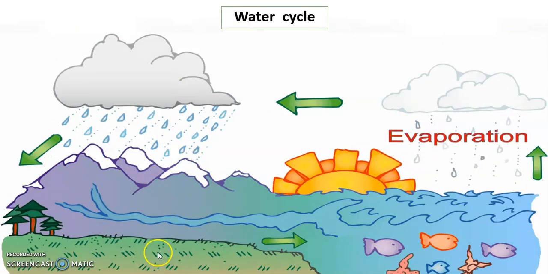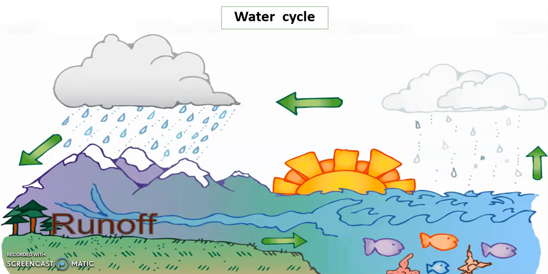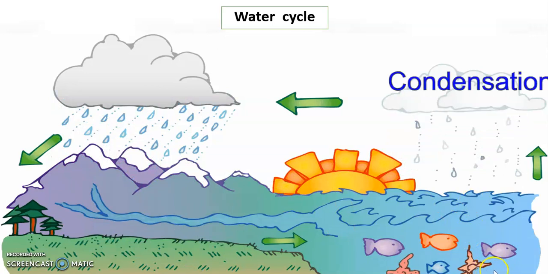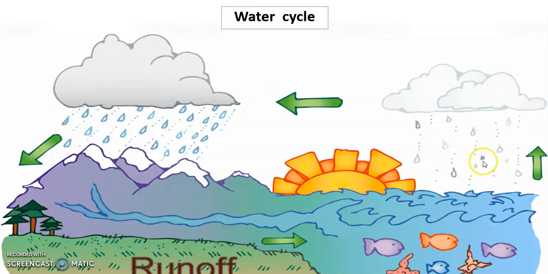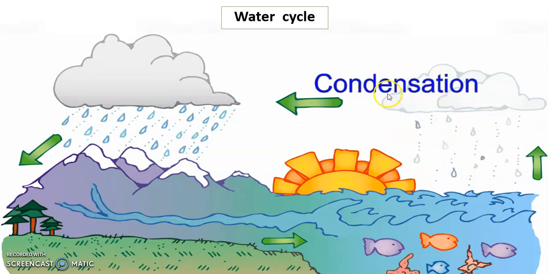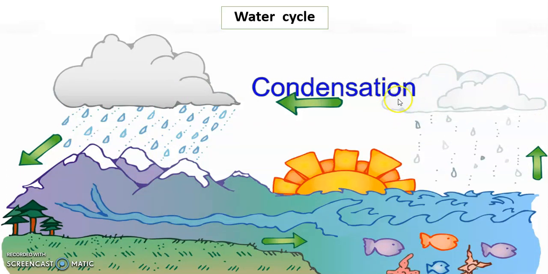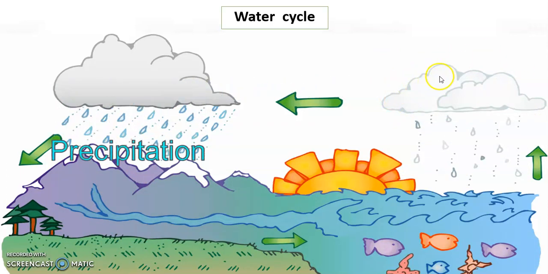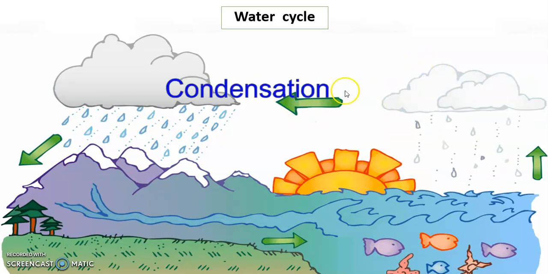Surface water sources like rivers, lakes, seas, and oceans evaporate and change into water vapor. That water vapor forms clouds. Then when the clouds are heavy, this process is called condensation.